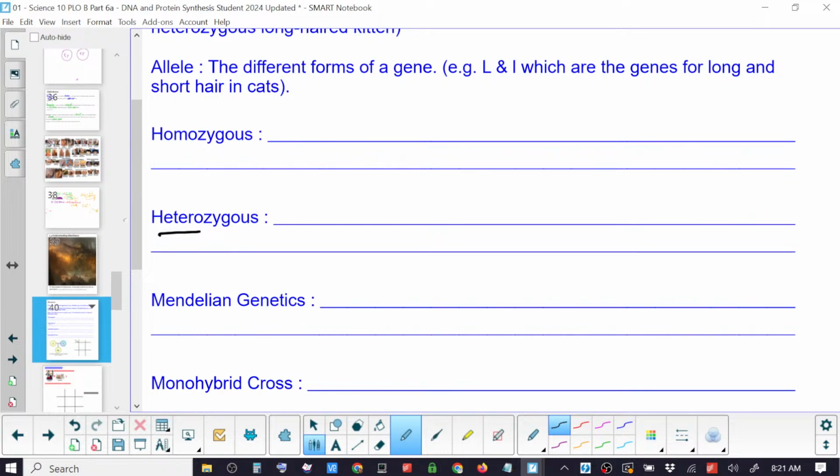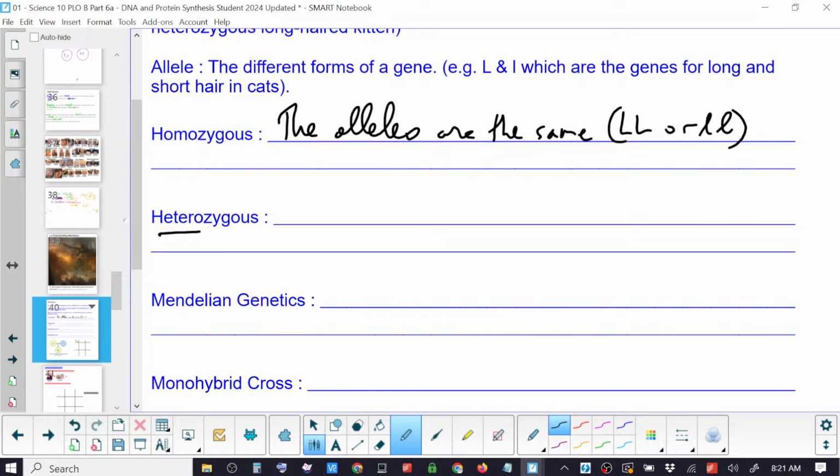So homozygous alleles are the same. Heterozygous, the alleles are different.